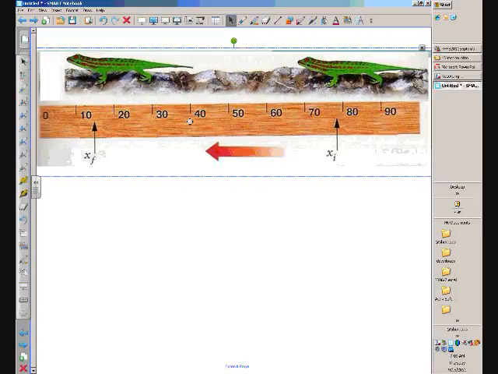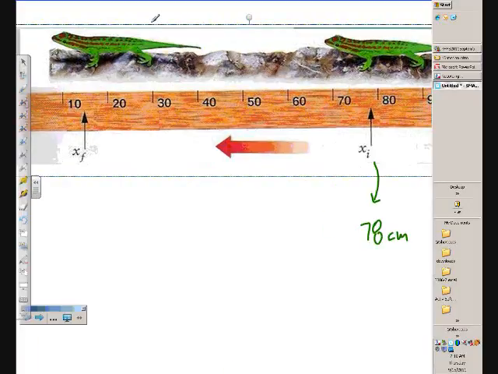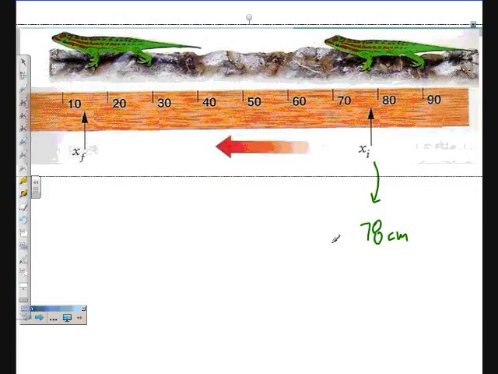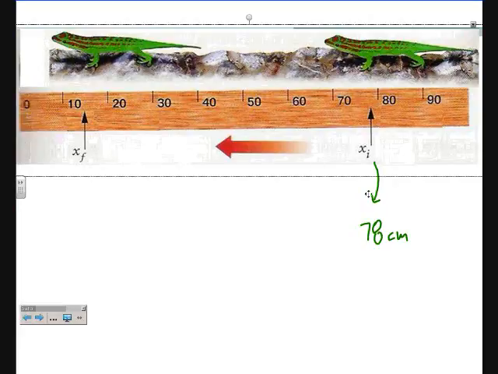However, most of the time, when we want to accurately describe the motion of the object, we have to take direction into consideration. So, if we take a look at this second trip of this gecko here, okay, his initial position, he starts at, let's say, 78 centimeters. But once again, if it's a position, we have to state his position relative to the reference point.